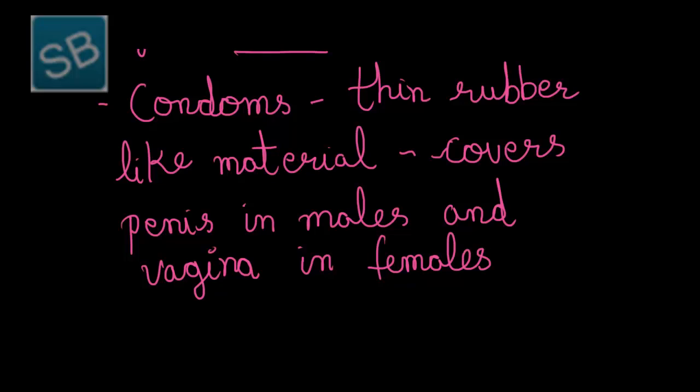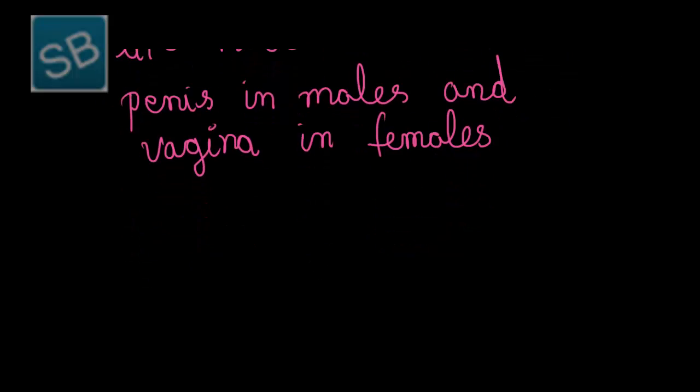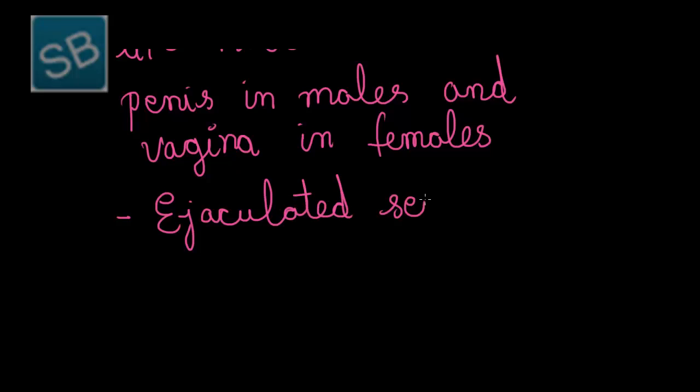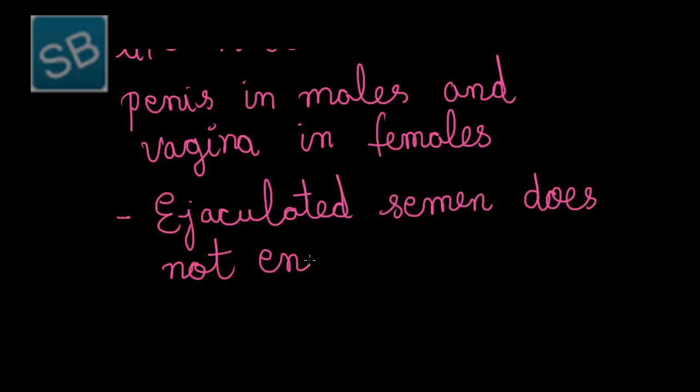Just before coitus, in this manner, the ejaculated semen does not enter the female reproductive duct. Therefore, the main aim of such condoms is that the ejaculated semen does not get entered into the female reproductive duct.